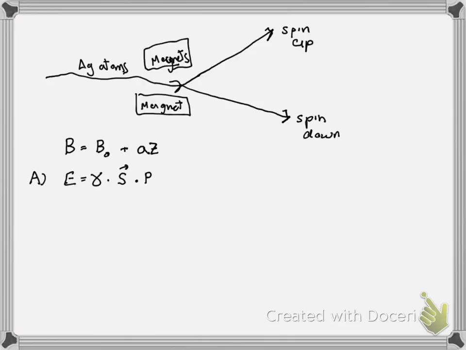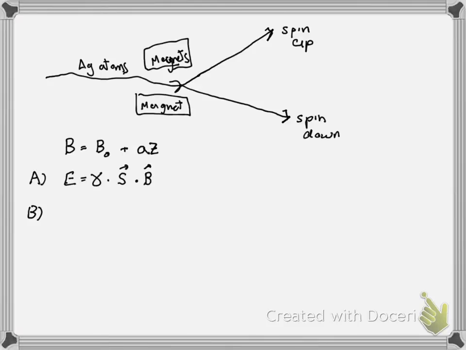To get the energy, we also have to consider the strength of the magnetic field. So let's take a moment to plug some numbers in. We want the energy splitting of both a spin up and a spin down electron. So what's the energy going to be for a spin up electron?